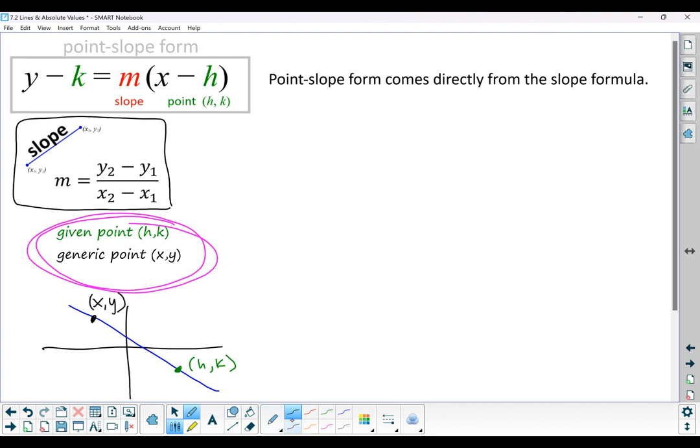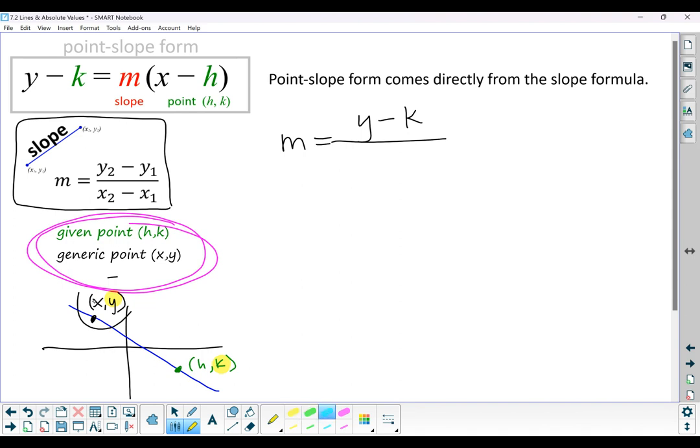Okay, so then if we put those 2 points into our slope formula, we end up with m is equal to, and I'm going to call this one up here my x2, y2, so it's going to be y minus k. So I did this y value, subtract this y value, and now in the denominator, I'm going to do the x's.